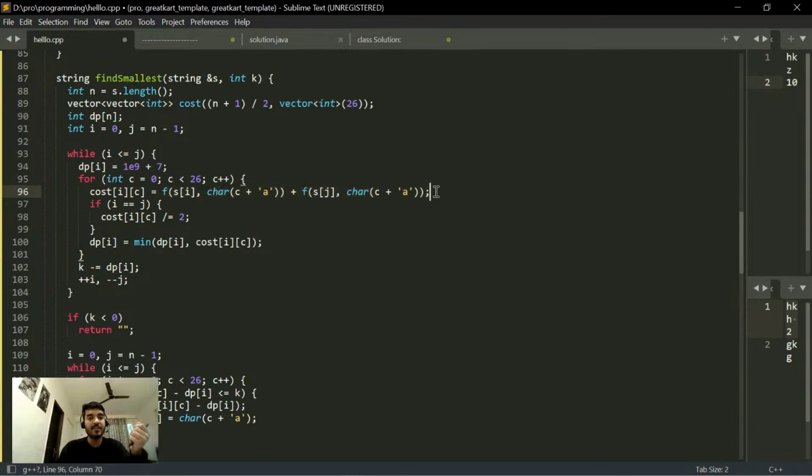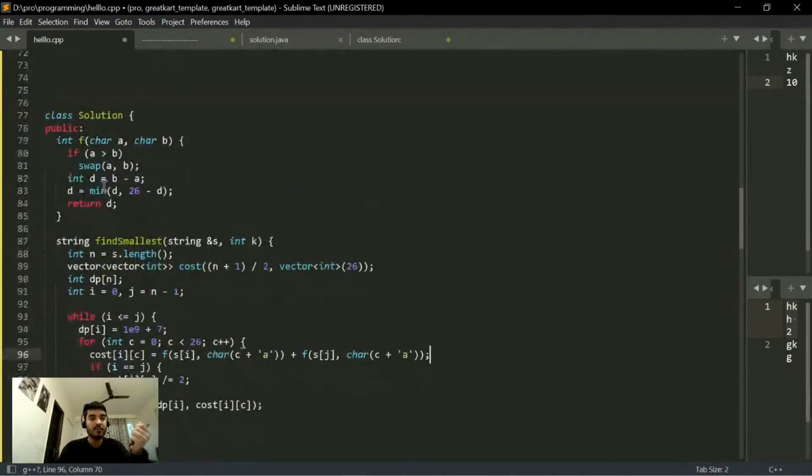And here we have a function f, where I am returning the minimum cost to make a and b both equal. If the ASCII value of a is greater than the ASCII value of b, then simply swap a and b. Here I am assuming that b has ASCII value greater than a.